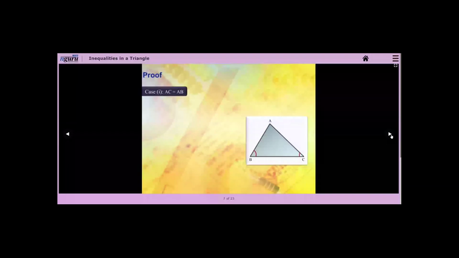Consider the first case where AC is equal to AB. Since the angles opposite equal sides are equal, angle B is equal to angle C. But it is given that angle B is greater than angle C. Therefore, AC cannot be equal to AB.